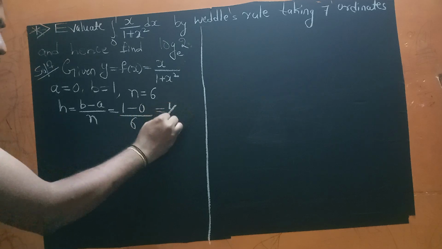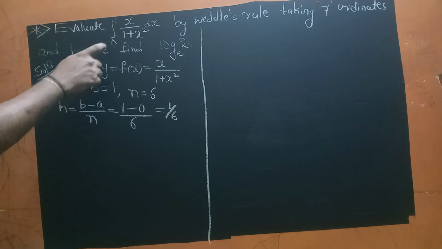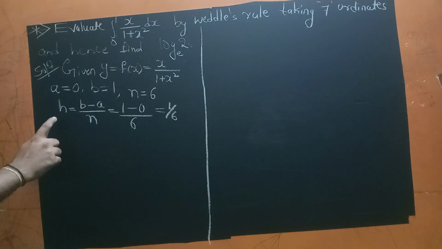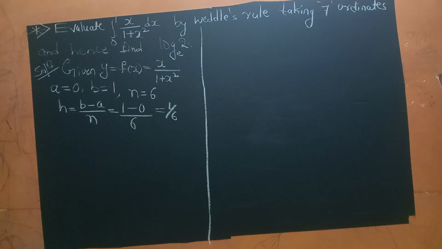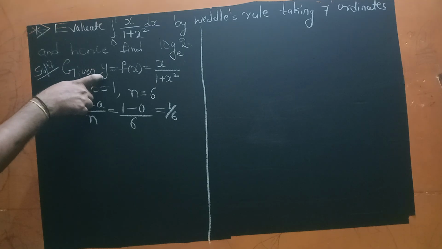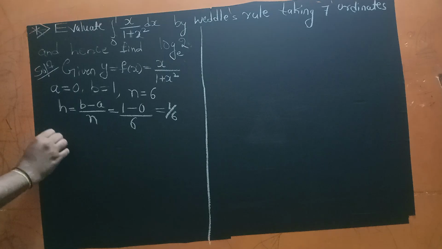Therefore h is 1 by 6. Now we are dividing the interval 0 to 1 into 6 equal parts by taking h as 1 by 6. And for each x value, we have to find the corresponding y value by substituting x values in y.